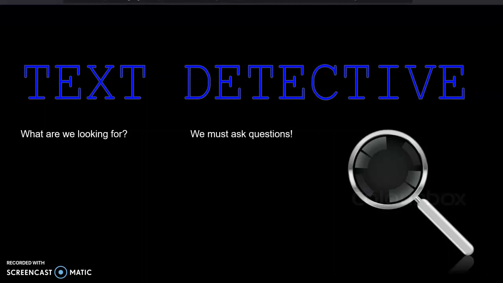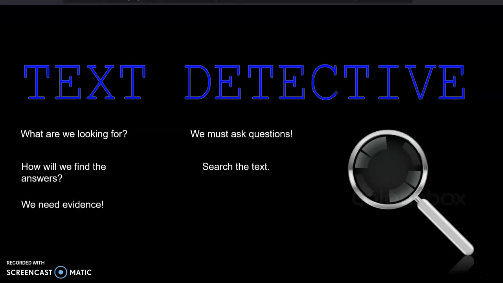Before we get started reading, we are going to ask or make some wanderings. Then we have to find the answers to our questions or wanderings. And where are we going to find the answers? We're going to search through the text in the book to find our answers.